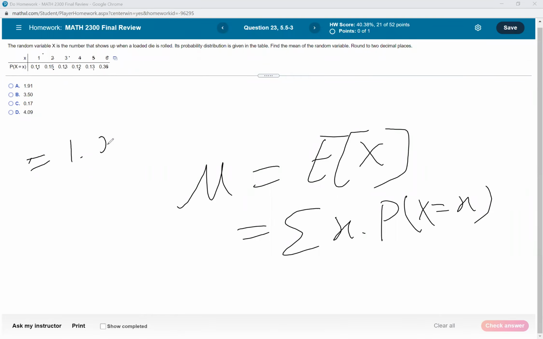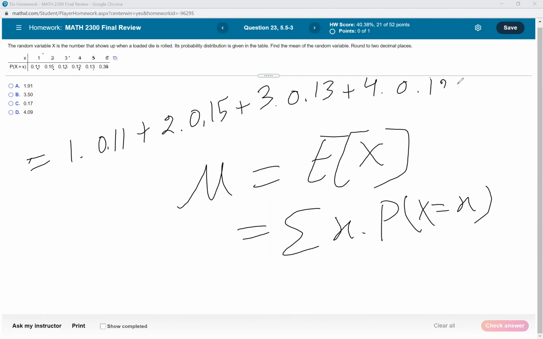That means 1 times 0.11 plus 2 times 0.15 plus 3 times 0.13 plus 4 times 0.12 plus 5 times 0.13 plus 6 times 0.36, and then you add them together.